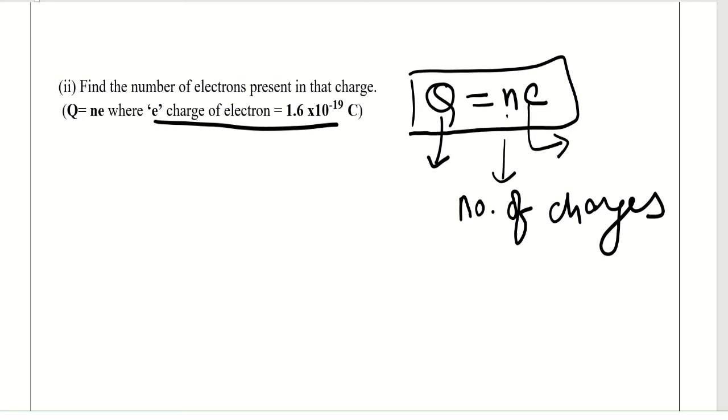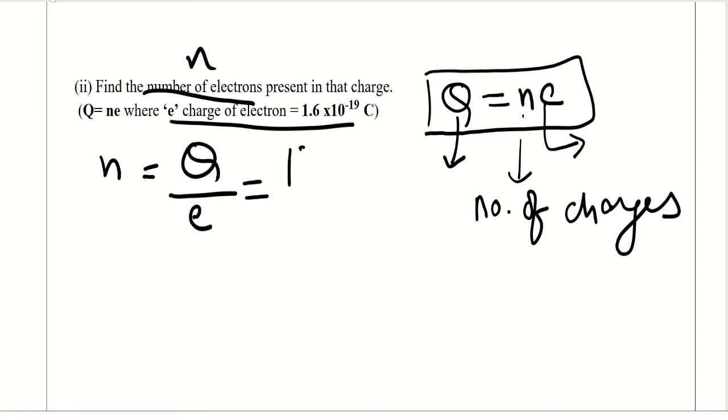So here we have to find the number of electrons, so we have to find N. N equals Q over e. Here we have 12,000 coulomb, and the value of e is 1.6 times 10 to the power minus 19.